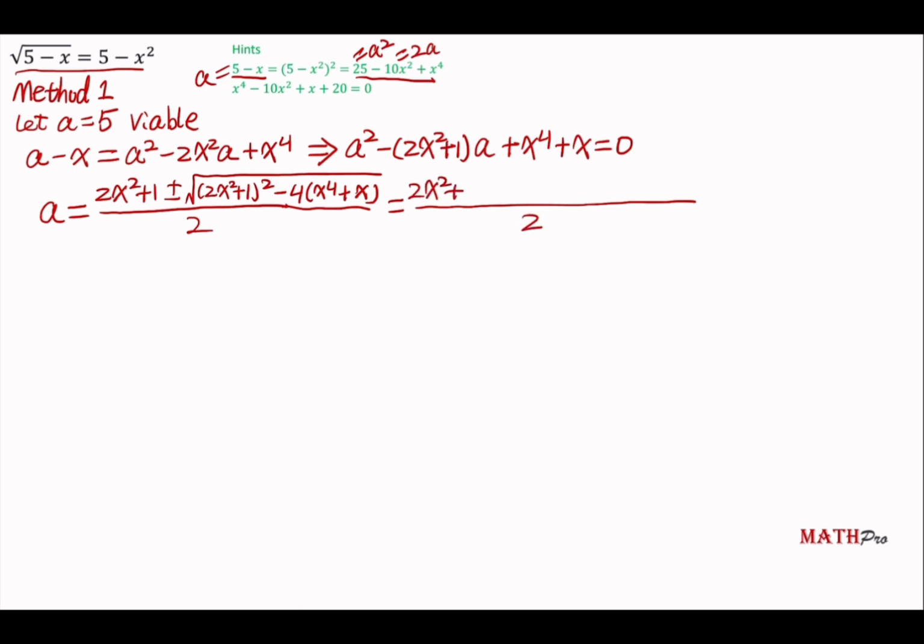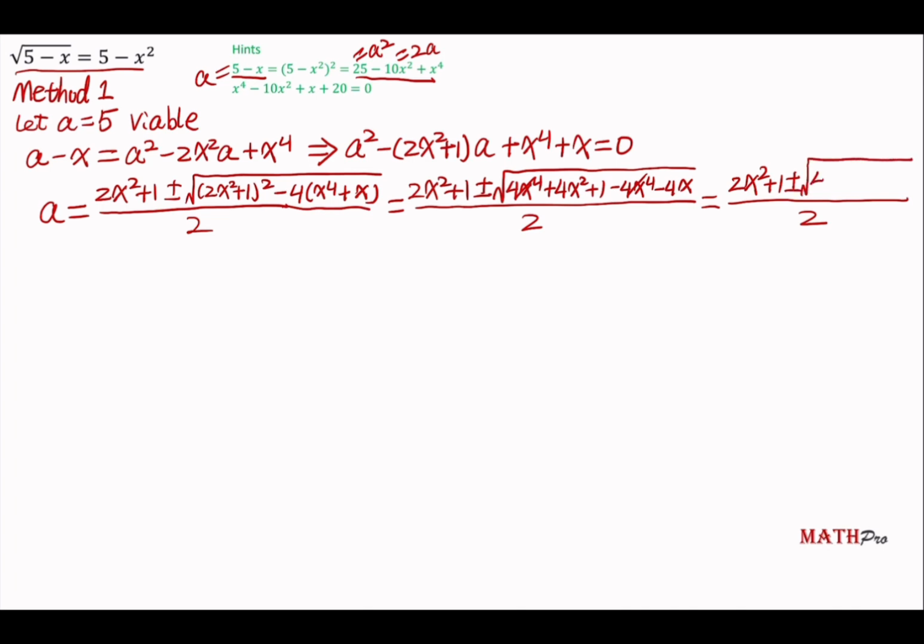2x squared plus 1 positive negative. The inside can be written as 4x to the fourth power plus 4x squared plus 1 minus 4x to the fourth power minus 4x. Because this one and this one cancel to 0, this equals 2x squared plus 1 positive negative.